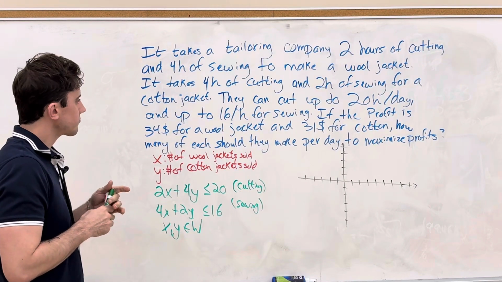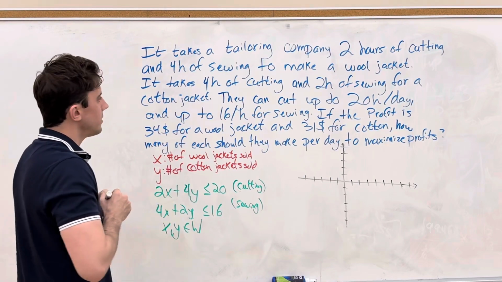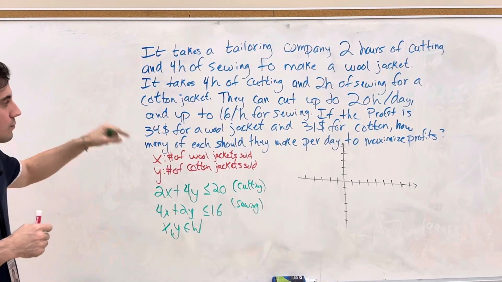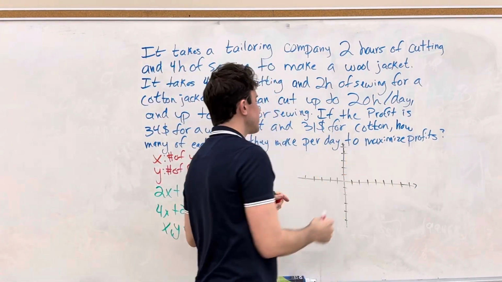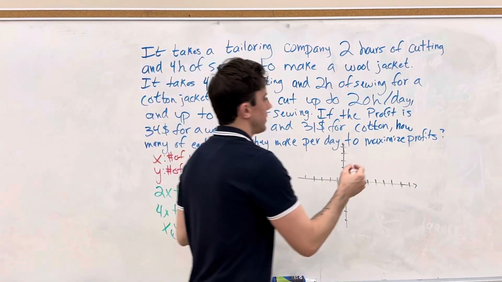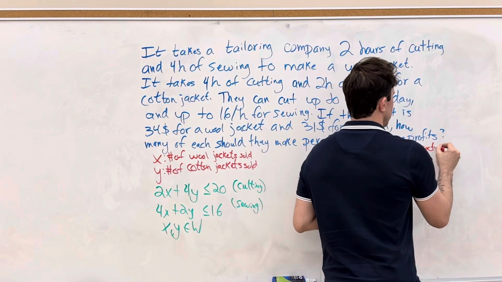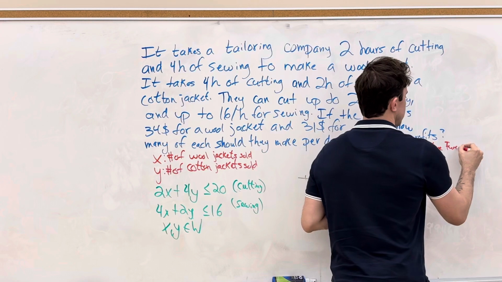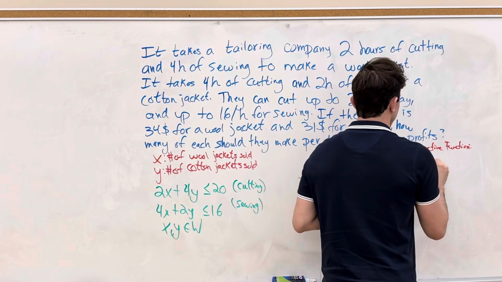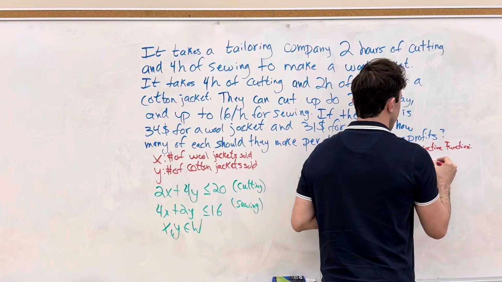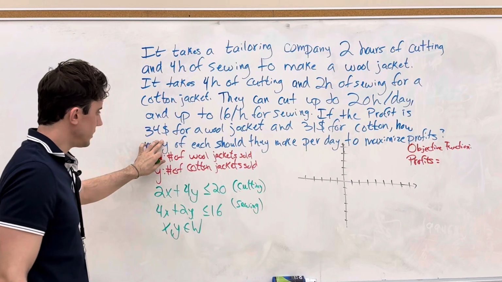After that, we will have an objective function that we have to consider. Our objective function is the thing we're trying to maximize, and in this case, we're trying to maximize profits. Our objective function will be one for the profits, and our profits will be made up of $34 for each wool jacket.